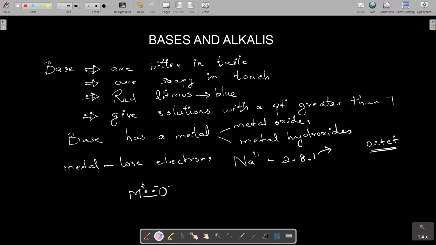So here you go. These are the electrons that are being given and taken, lost and gained. Likewise, you have metal hydroxides. So this is how the bases are formed. And I'm sure you know a few bases now.